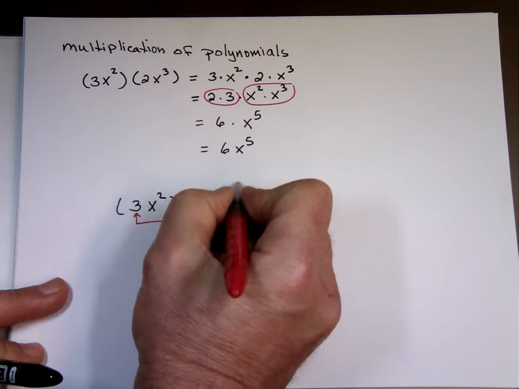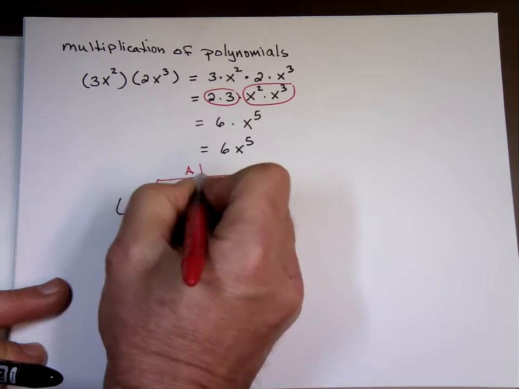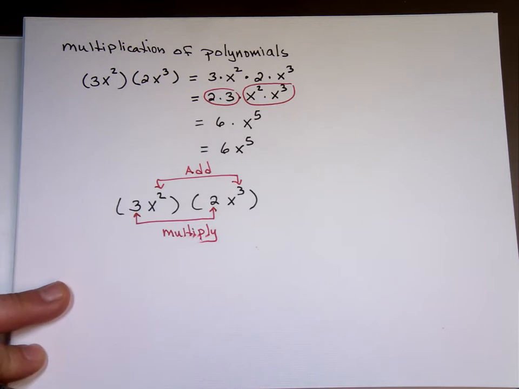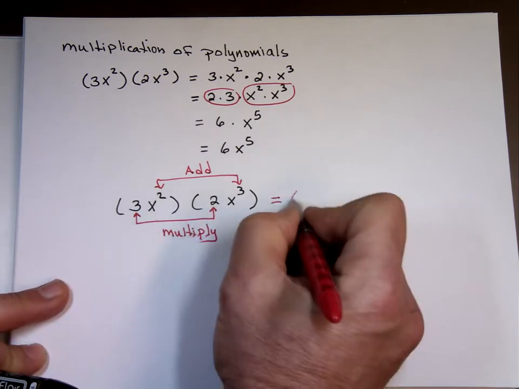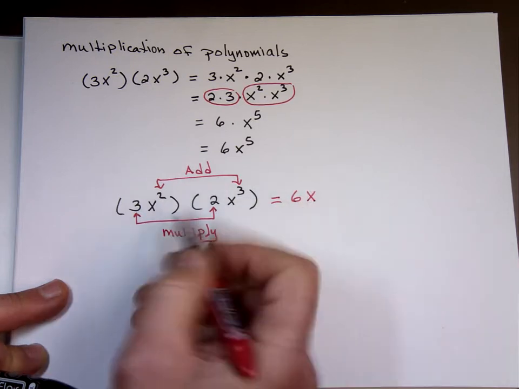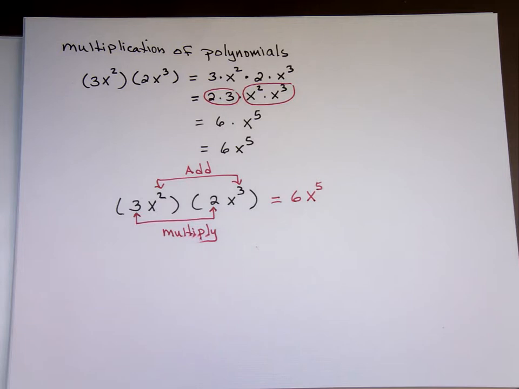And take the 2 exponents and add them. So let's apply that. What's 3 times 2? 6. X to what power? 2 plus 3, which is 5, in one step. Multiply the numbers, add the exponents.